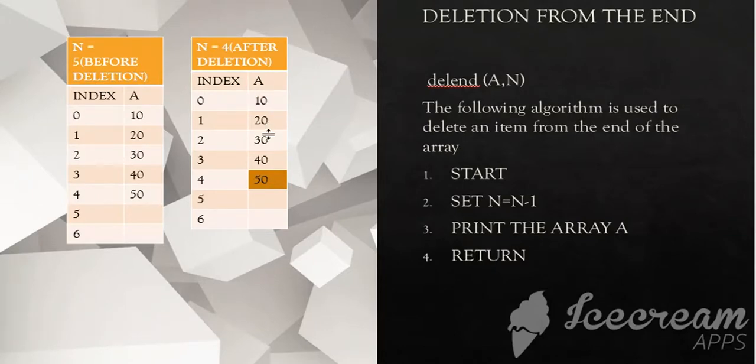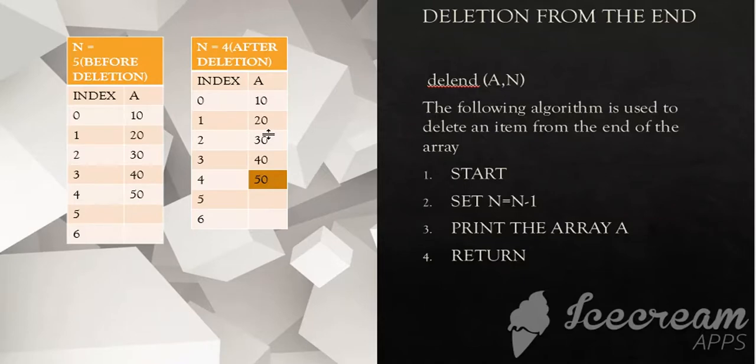As the arrays are declared using static methods, we know that there is no method to release the unwanted memory in static memory allocation. So here we cannot remove the element from the memory. We can just assume that that particular number is not in the array from that point onwards.